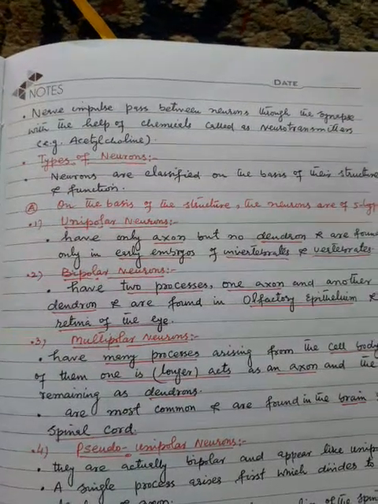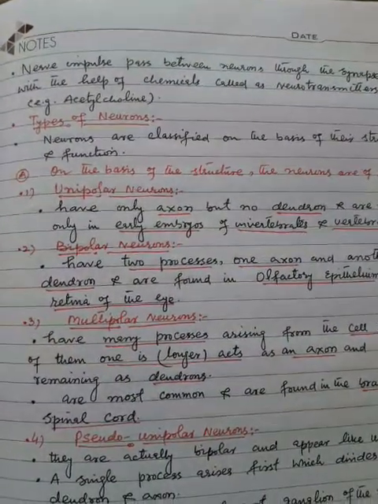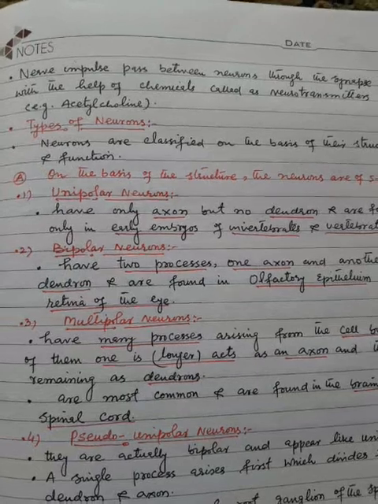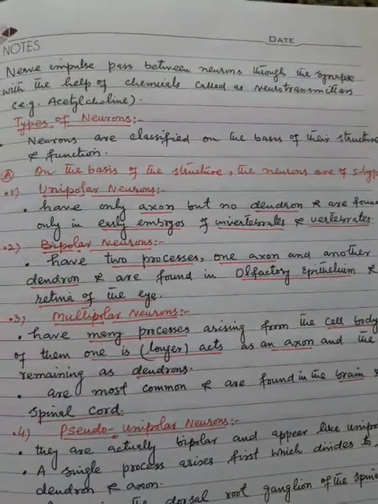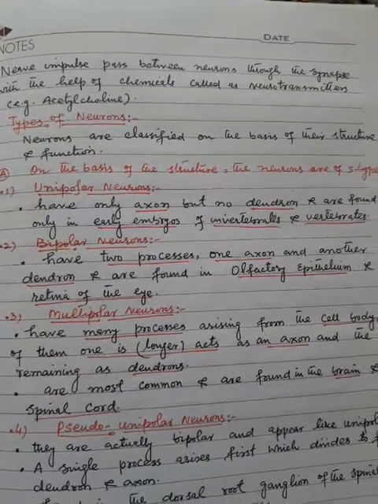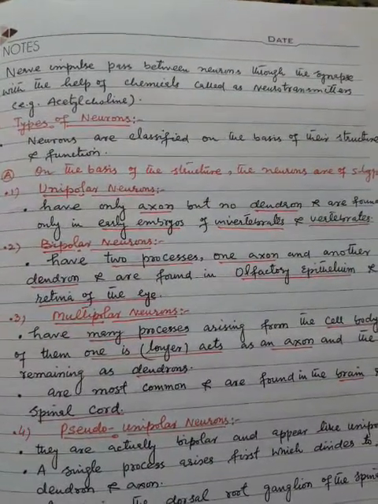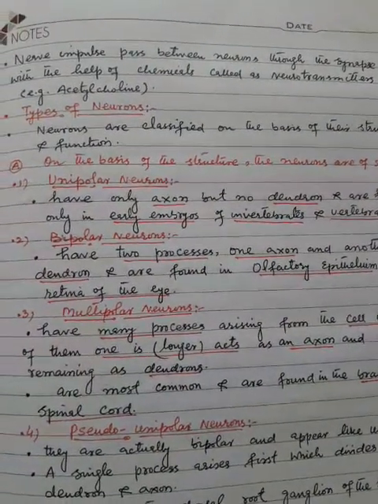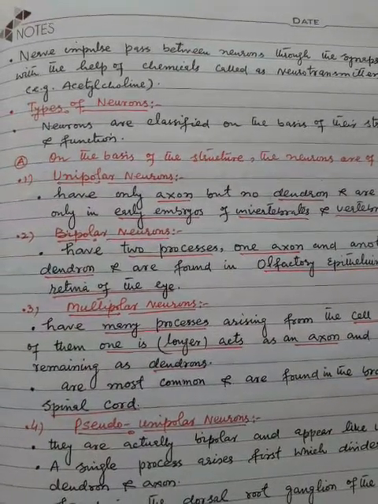Number 2 is bipolar neuron. Bipolar neurons have two processes, one axon and another dendron, and are found in olfactory epithelium and retina of the eye. Number 3, multipolar neurons.